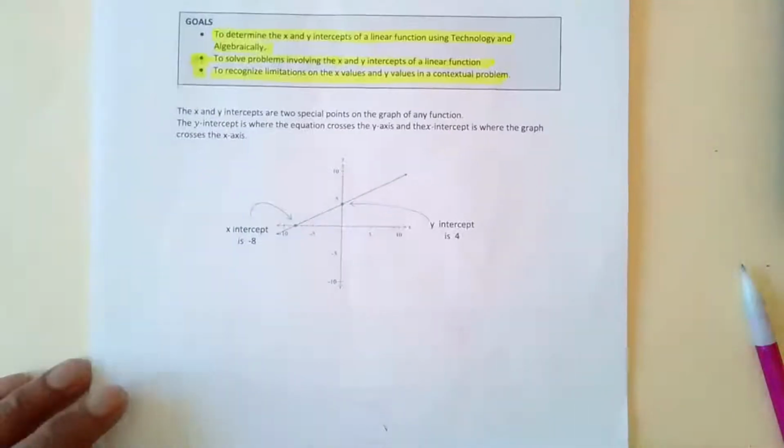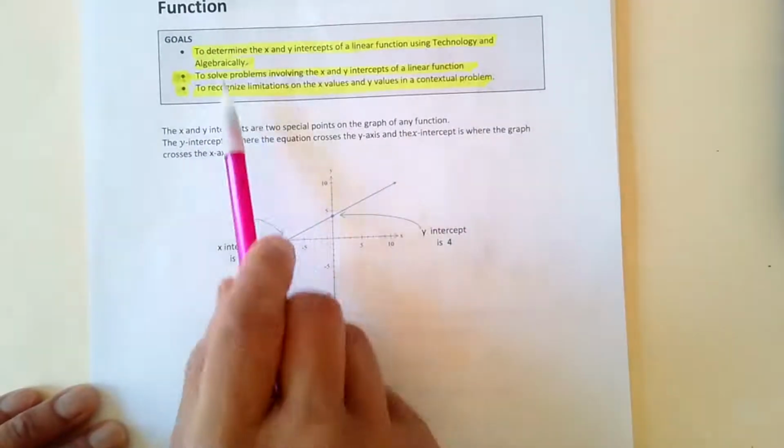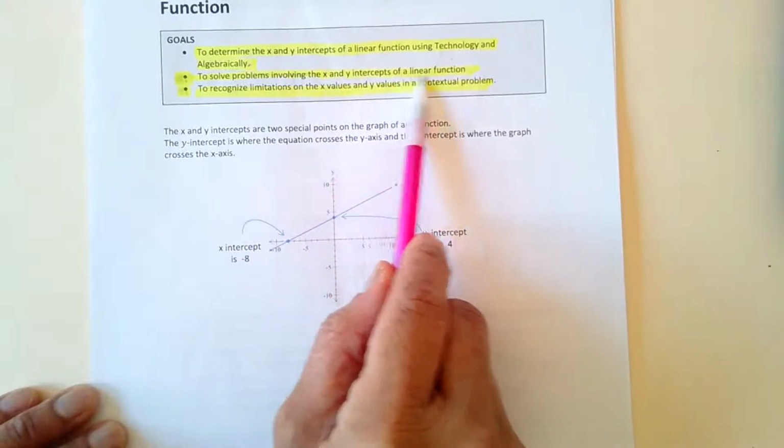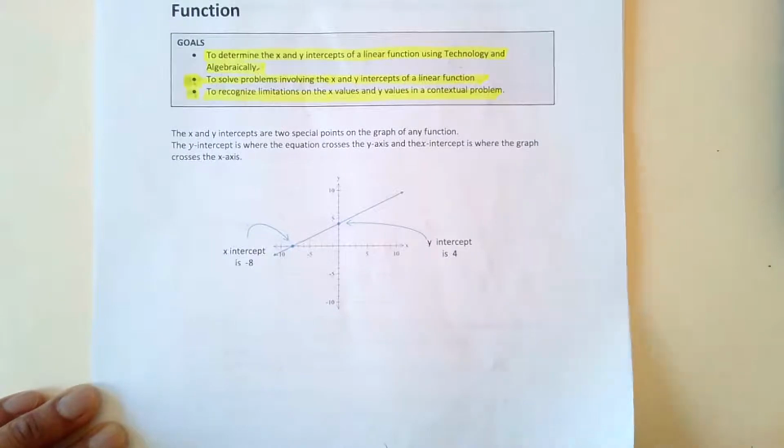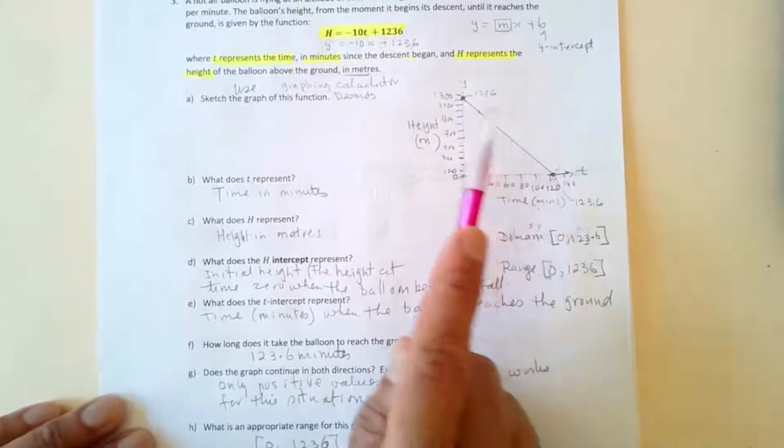So our goal today was to solve problems involving x and y intercepts of a linear function and to recognize the limitation of the x values and y values in a contextual problem. The first question we looked at was a hot air balloon, and the balloon is descending.